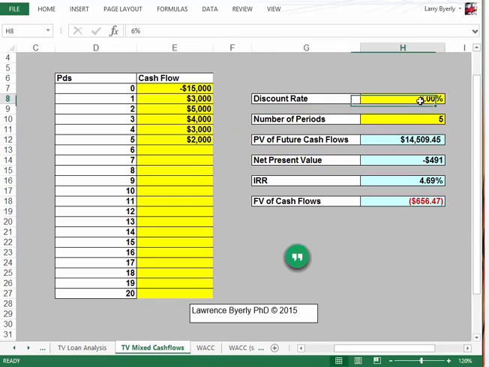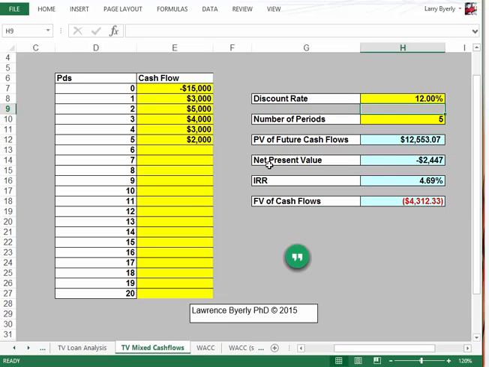We need to change our discount rate to the problem, which is 12%. And what we find is that the value of the project to the company is $12,553. The challenge is that we're going to spend $15,000 to get something that's worth $12,553.